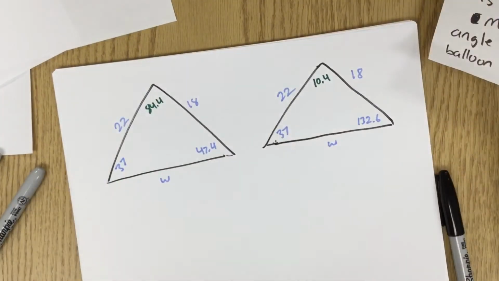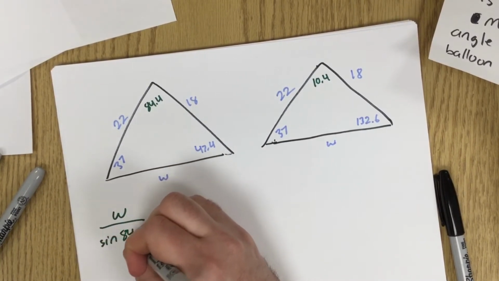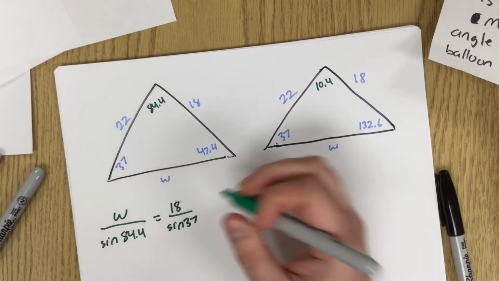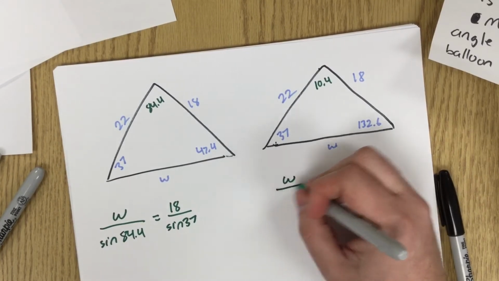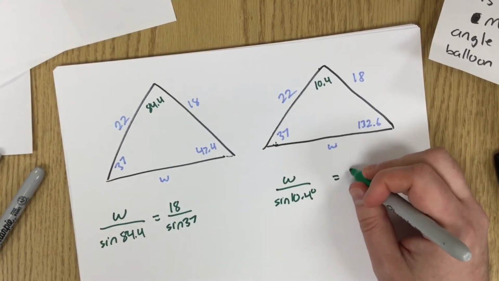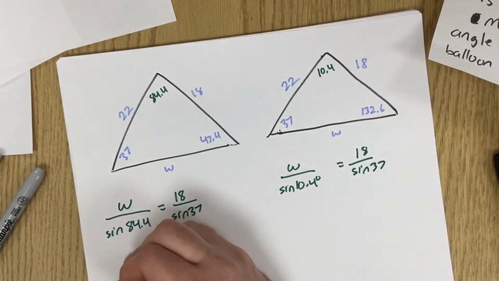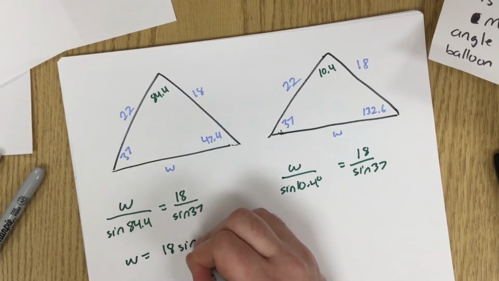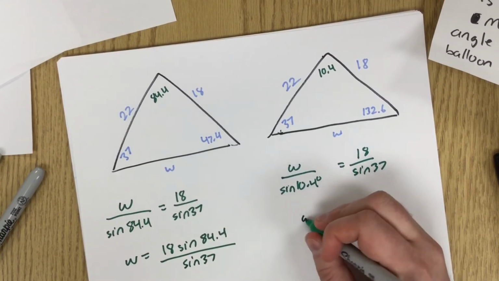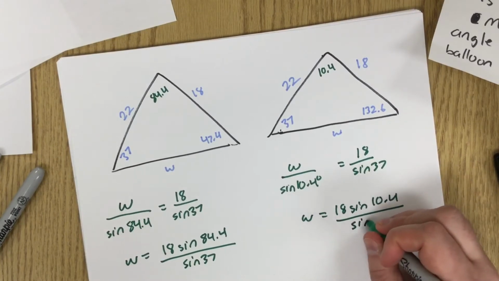I'm going to say that W over sine 84.4 degrees is 18 over sine 37, or alternatively, W over the sine of 10.4 degrees equals 18 over sine 37. And so W equals 18 sine 84.4 over sine 37, or W equals 18 sine 10.4 over sine 37.